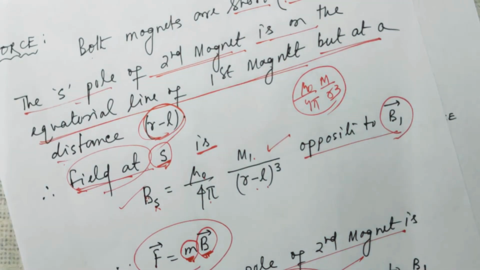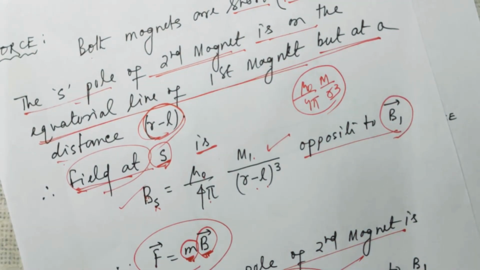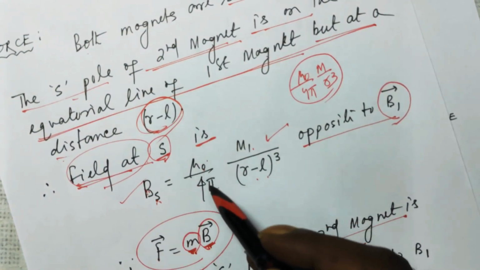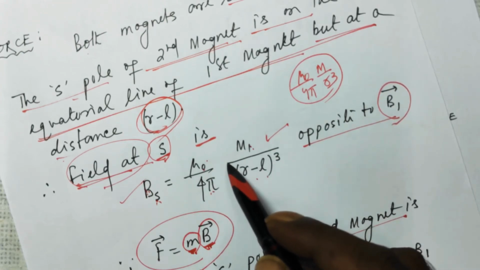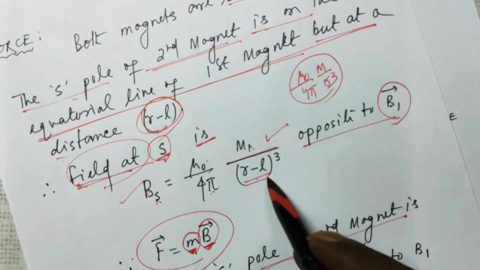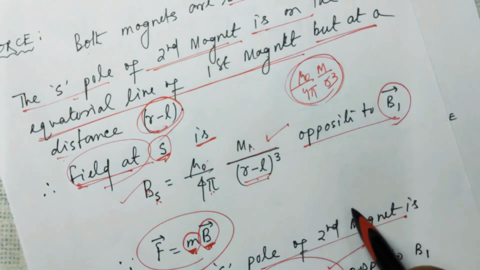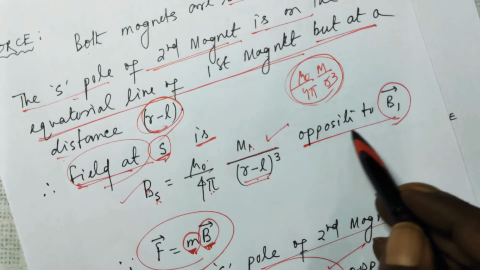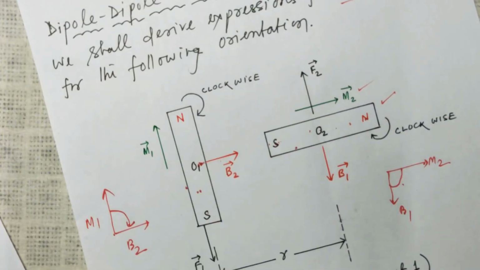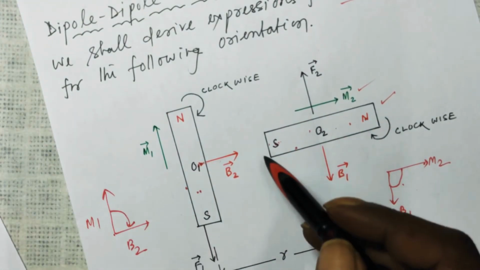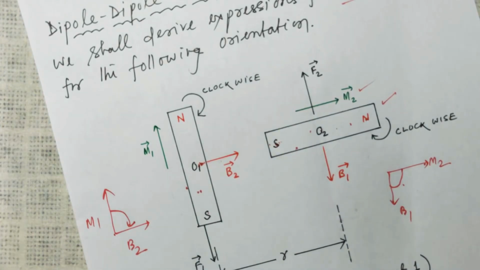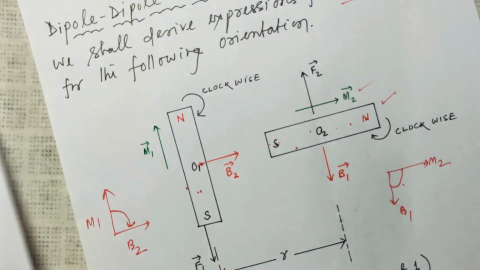Now here the distance is R minus L. So mu naught over 4 pi, the magnetic moment of the first magnet divided by the cube of the distance. And it is a short bar magnet, therefore I am using this expression. And what was its direction? It will be opposite to B1. Due to this bar magnet at this point, the magnetic field is this much, and we had derived that it is opposite to B1.